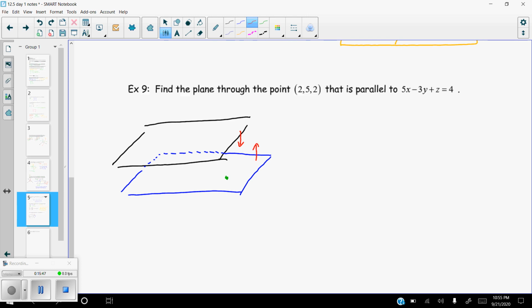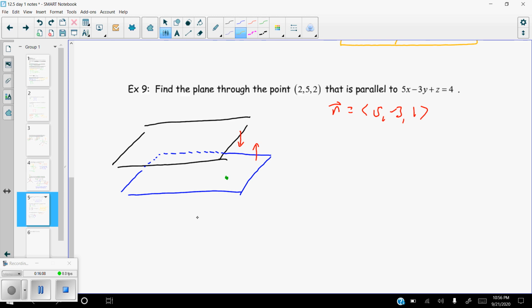So really all that's telling us is we already know our normal vector. The normal vector that we have to use has to be 5, -3, 1. So now we have a vector, we have a point. Plug them in. We're pretty much good to go.